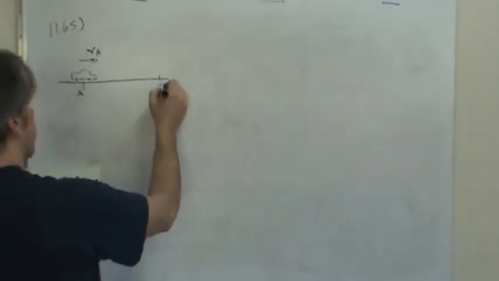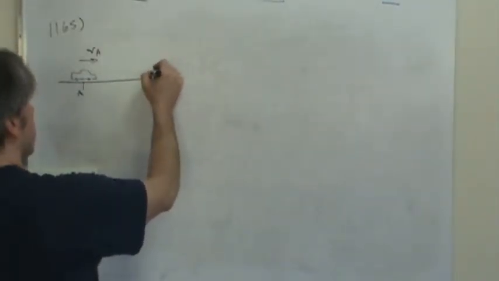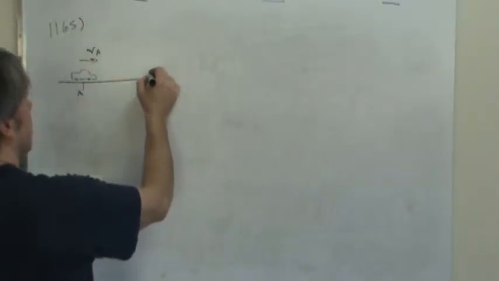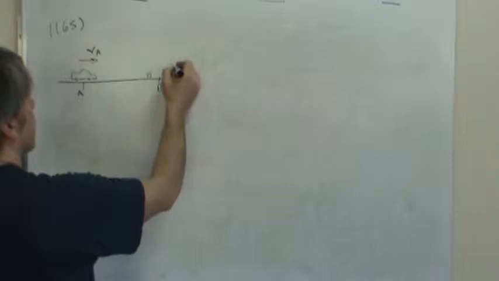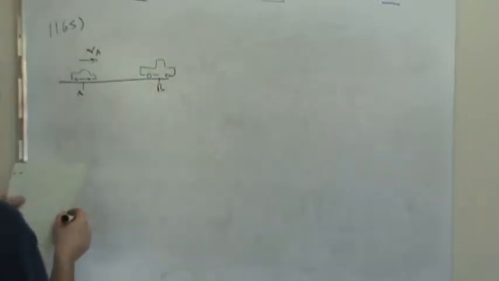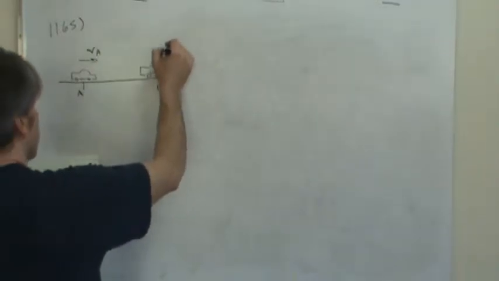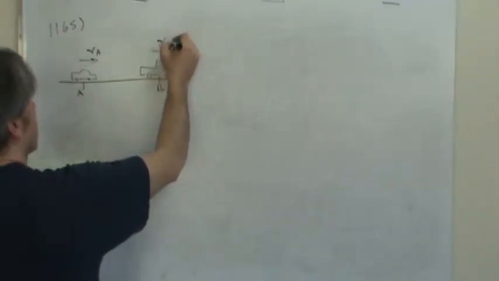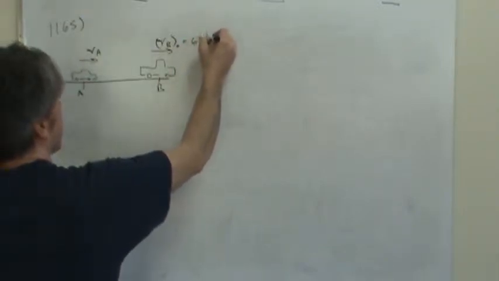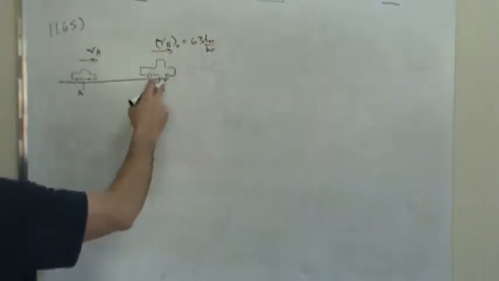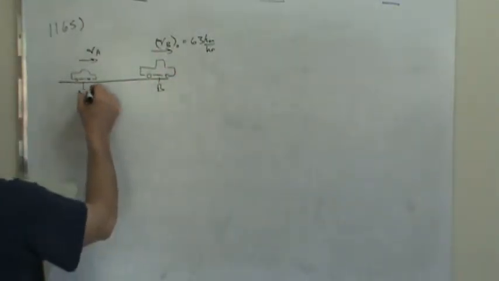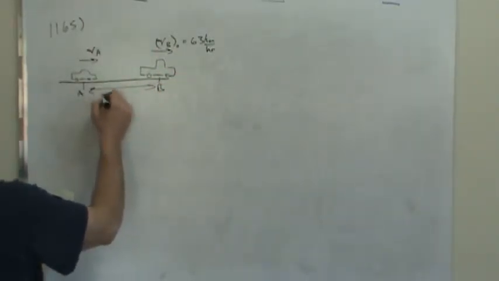Car B, let's draw him on the road, not up above the road. He's not flying. Let's draw it as a truck so that we can differentiate between the two. Car B has an initial velocity of 63 kilometers per hour, but that does not remain constant. Notice it's car B that's accelerating. The initial separation distance is 50 meters.